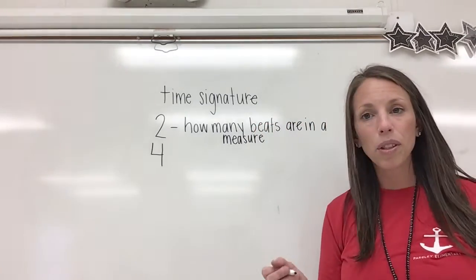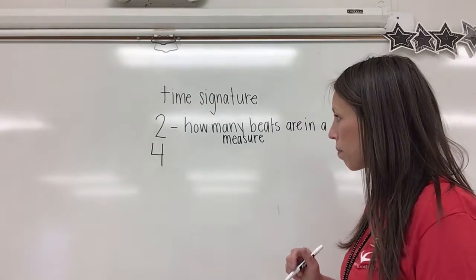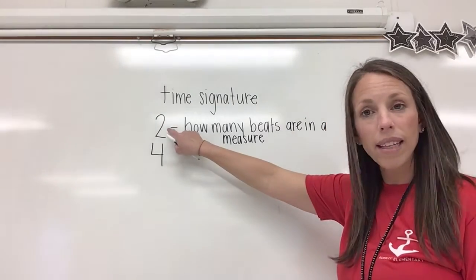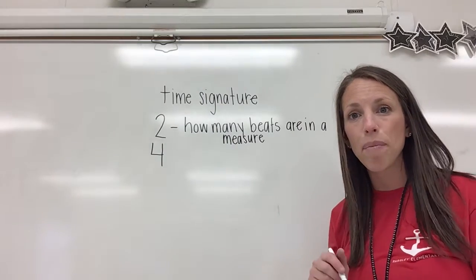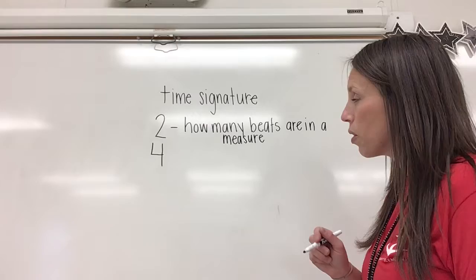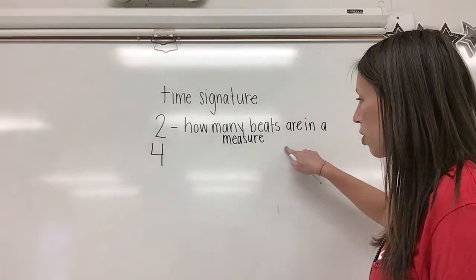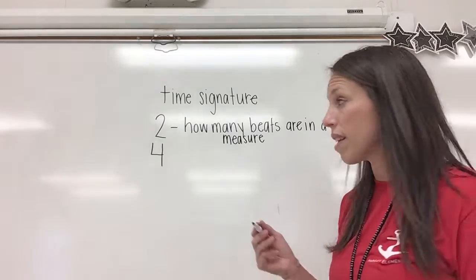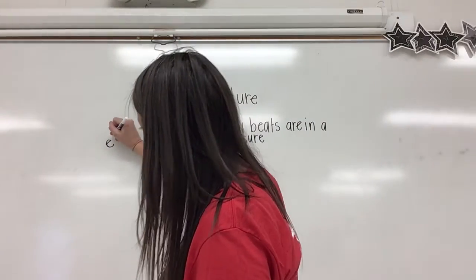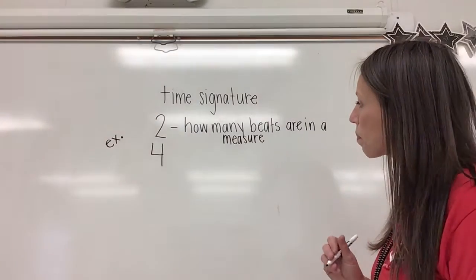So, if our song had a 2-4 time signature, we would look at that top number to tell us how many beats would be in each measure. So go ahead and take a moment to label this time signature that we're using as our example. We could even write example over here, so we know this is an example.